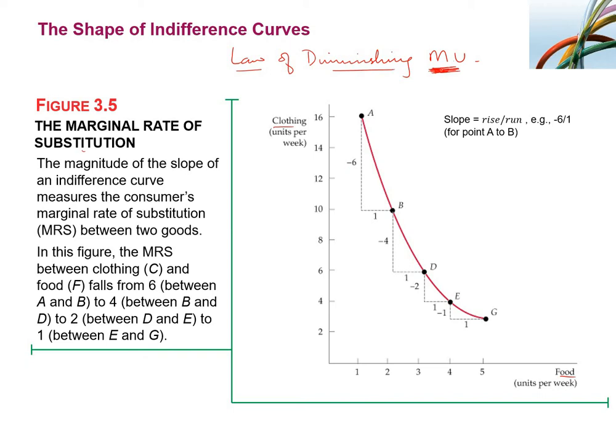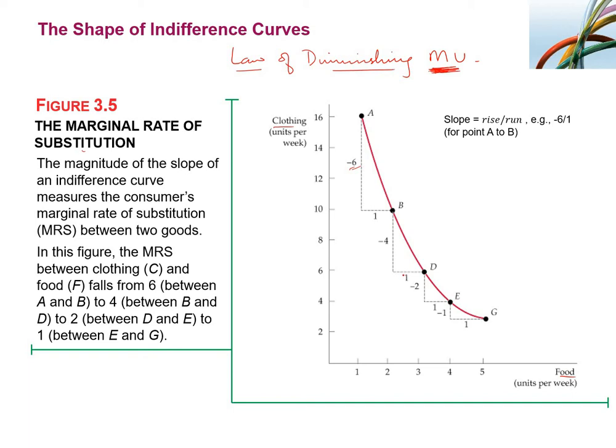Why? Because your marginal utility has started to diminish. If you take 1 unit of food again, it is not the same as the first one for which you were willing to sacrifice 6 units of clothing. The next unit of food which you want to eat is not valuable enough for you to sacrifice 6 more units of clothes.